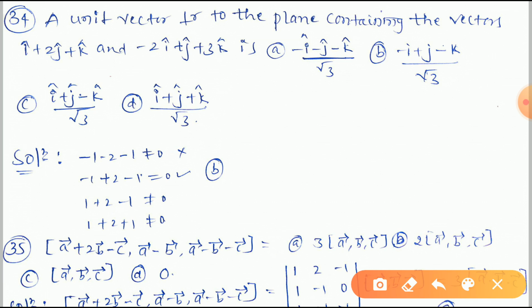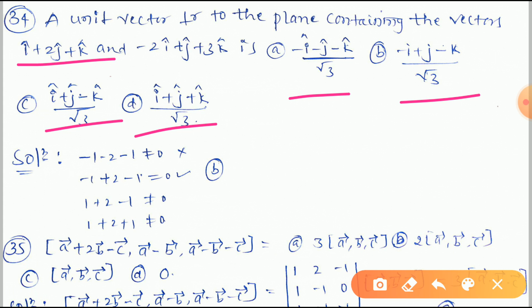Now we will discuss the solution of question number 34. Okay, here the vector i plus 2j plus k is perpendicular to this vector and this vector and this vector and this vector. Here their dot product is 0, then we say that is the right choice of question number 34.